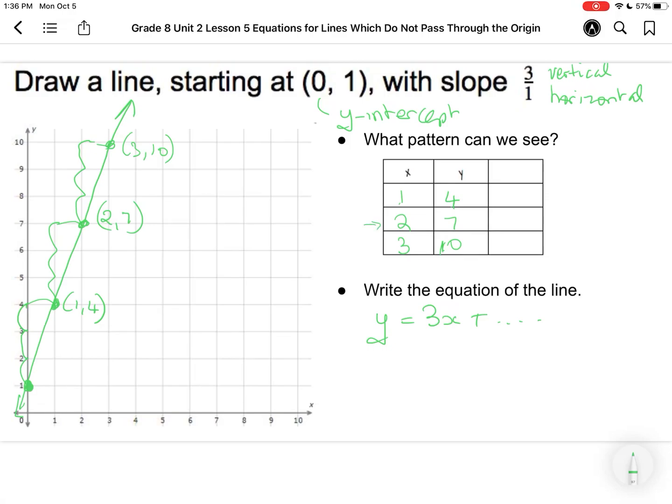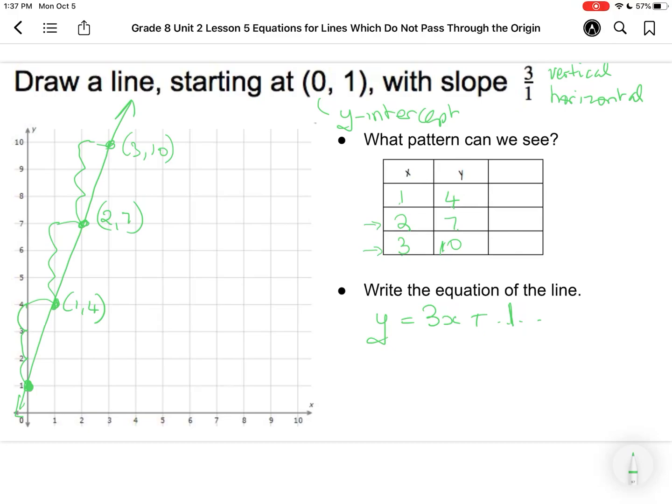Let's look at the second one. Y is 3 times 2 is 6, plus 1 is 7. And in the third row here, 3 times 3 plus 1 is 10. So our equation is y is equal to 3x plus 1.